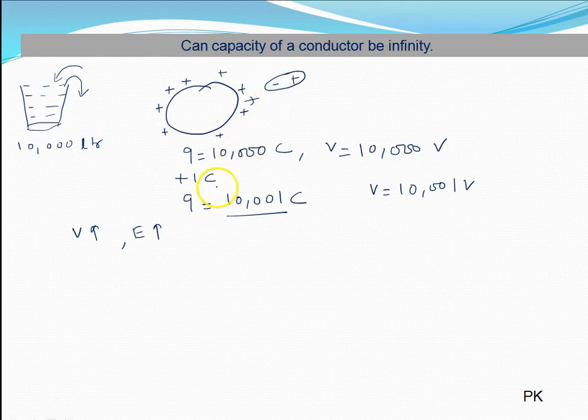So as you give plus 1 coulomb more charge, this positive charge attracts electrons from the surroundings and neutralizes. Ultimately the charge again becomes 10,000 coulomb and the voltage again becomes 10,000 volt. It means there is always a limit up to which the body can be charged.